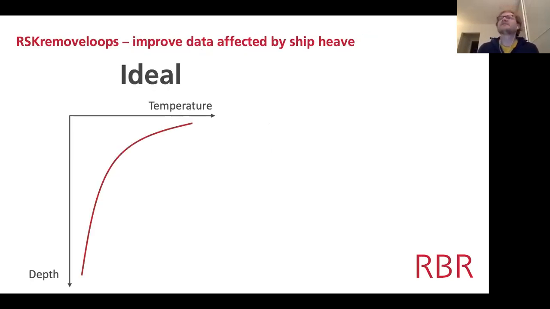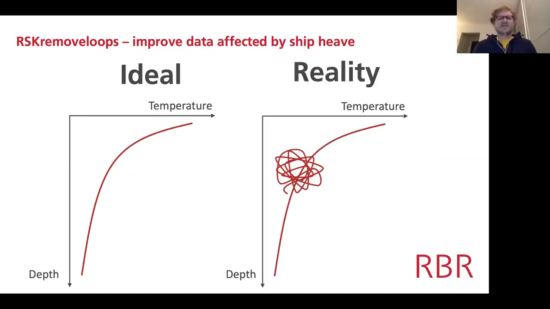Often when we're at sea, the ship is heaving up and down, and that introduces variability to the descent rate of the CTD. In Seabird software, this is called loops, and so we have a remove loops algorithm. Ideally, if the CTD was descending at a uniform rate, you would have a nice, perhaps smooth curve.